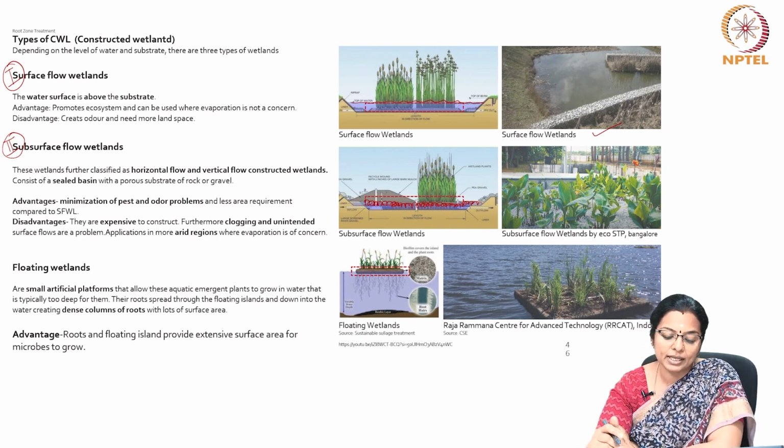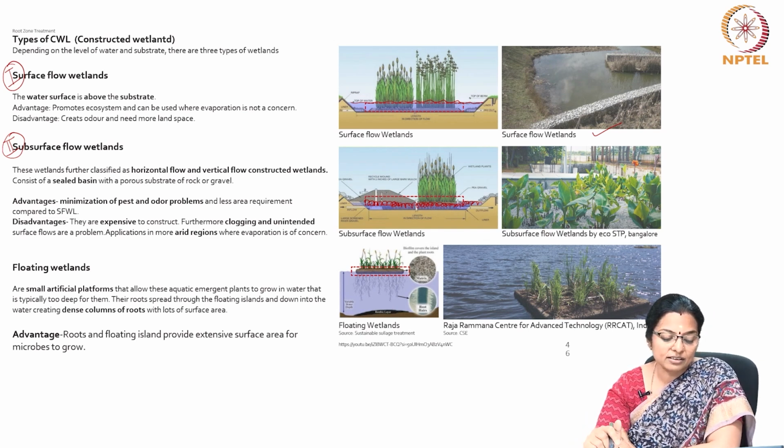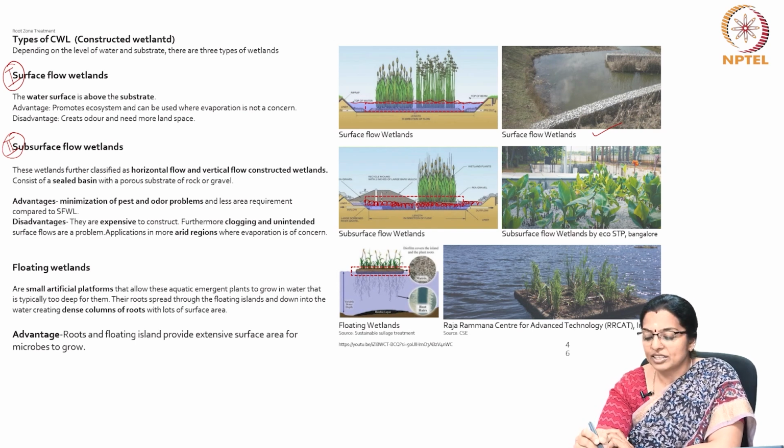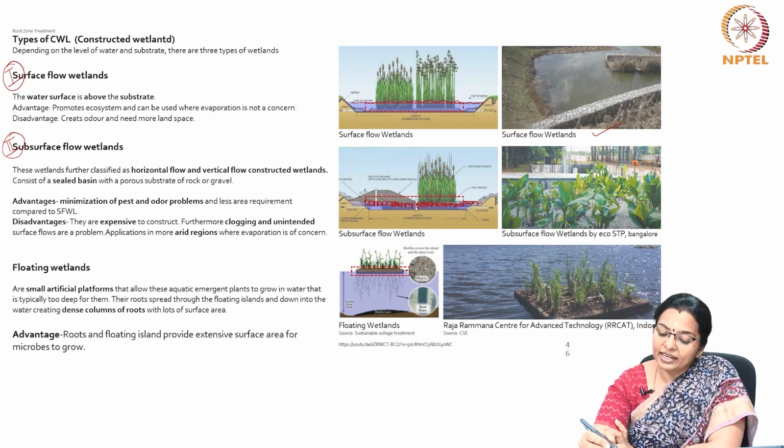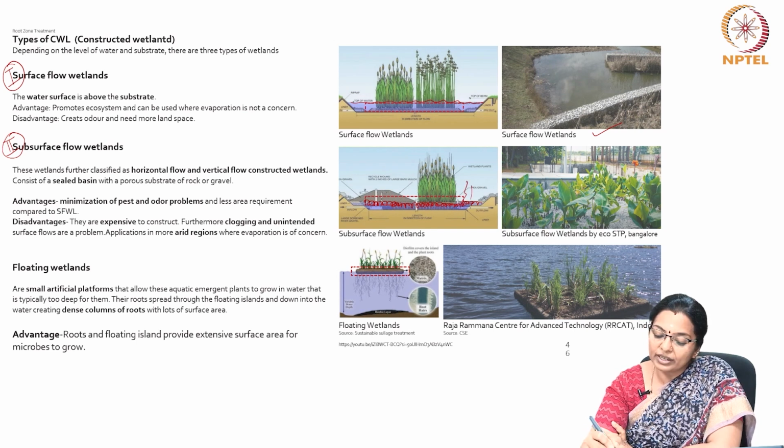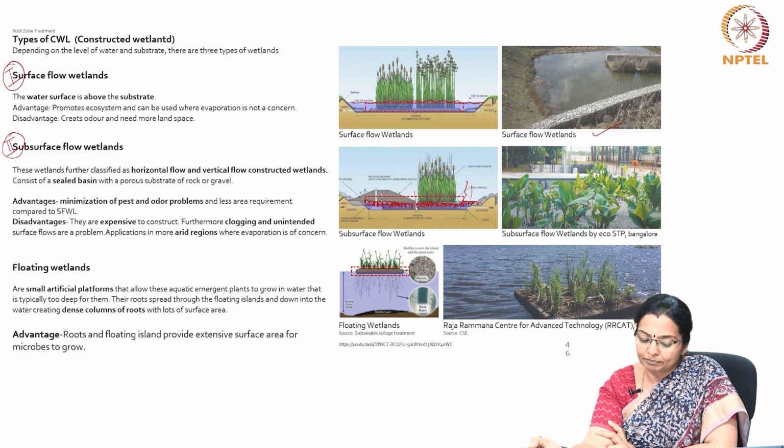So economically, it is more expensive compared to surface flow wetlands. Also, clogging and unintended surface flows are a problem. But this is more applicable in arid regions because in arid regions the water could get evaporated and having the gravel on top can prevent it.